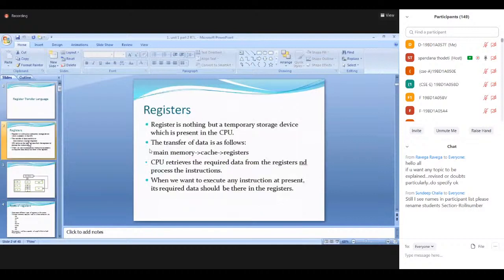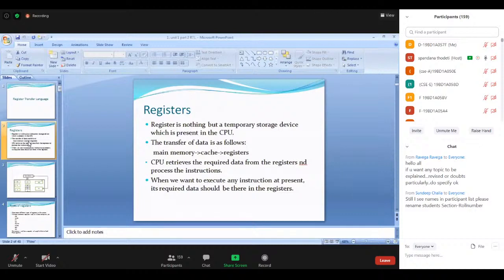What is a register? A register is the temporary storage area present in your processor. Whenever you want to retrieve data for execution of any instruction, you move the data from the hard disk to the memory, from memory to the cache memory, and from there to the registers.